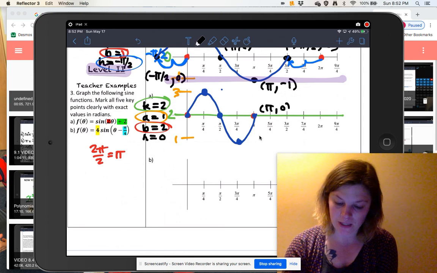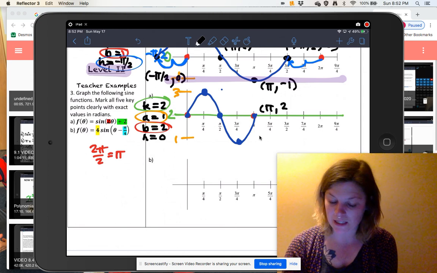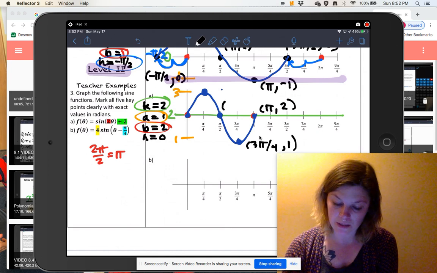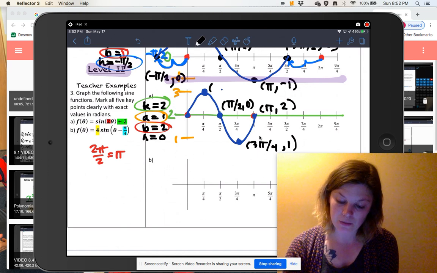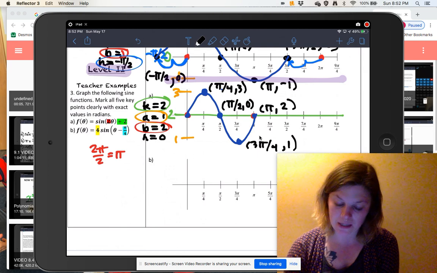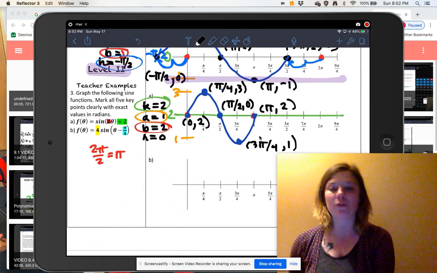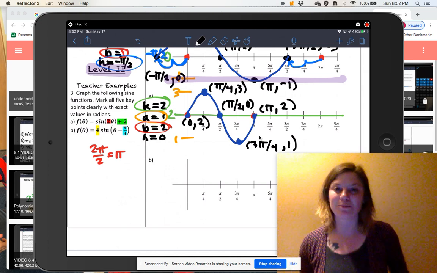Oops, nope, because we have an a value of 2, so pi at 2. This would be 3 pi over 4 at 1. This would be pi over 2 at 0. This would be pi over 4 at 3, and then at the beginning we started at 0 radians, and the k value is 2, so we start at 2.